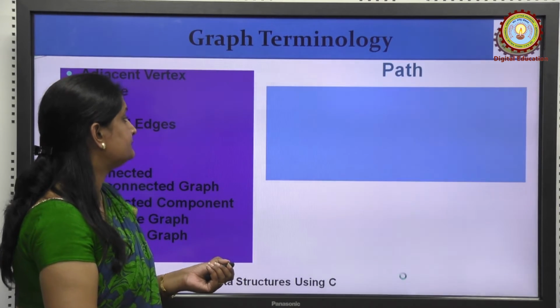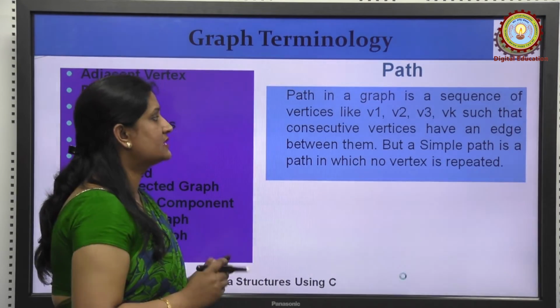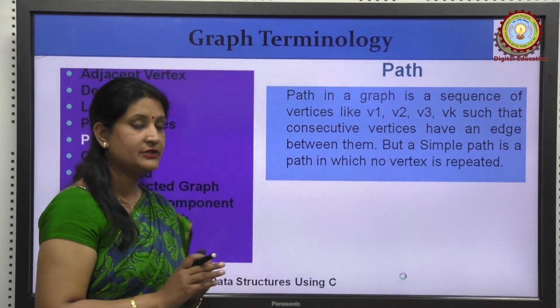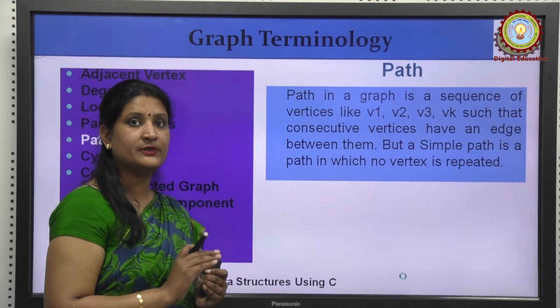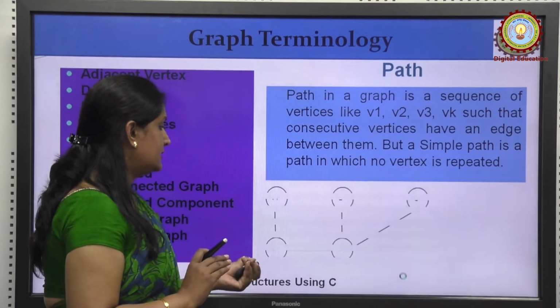Next is the path. A path in a graph is a sequence of vertices like V1, V2, V3 such that consecutive vertices have an edge between them, like this.